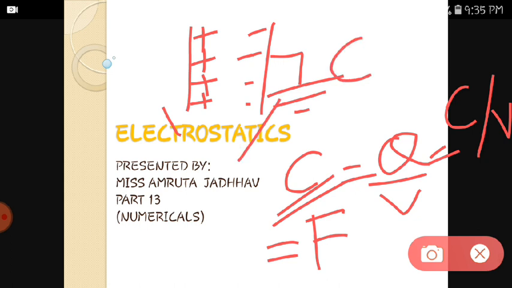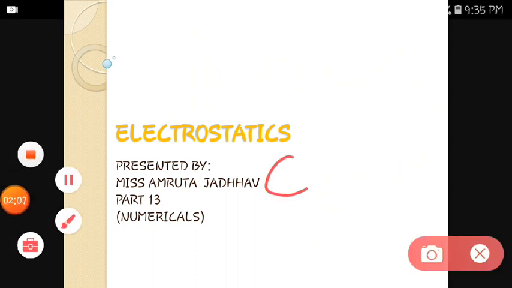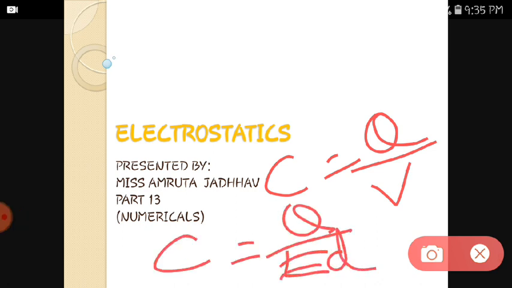I will tell you about that. If C is equal to Q by V, and V is nothing but E into d, am I right? So if E goes on increasing, C will go on decreasing.